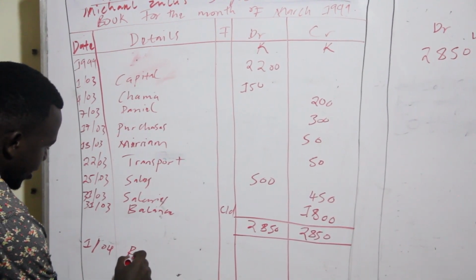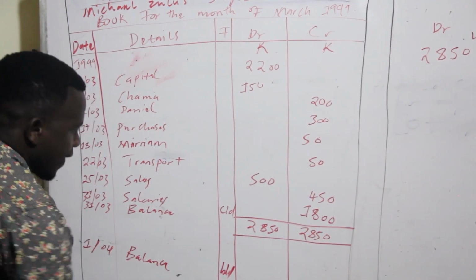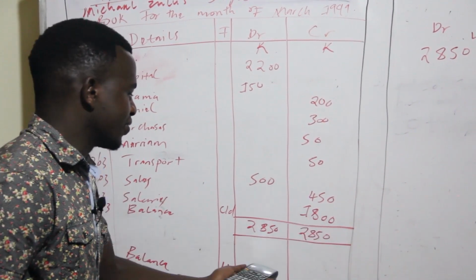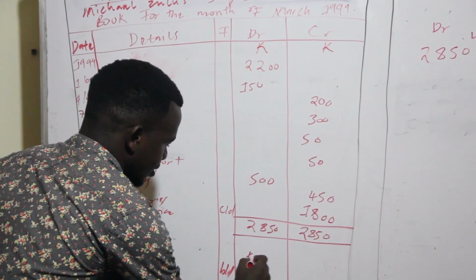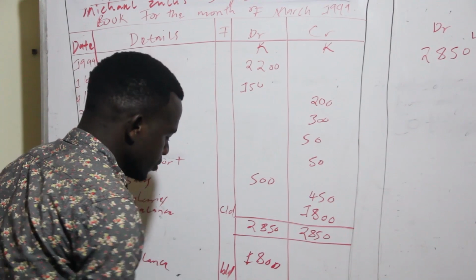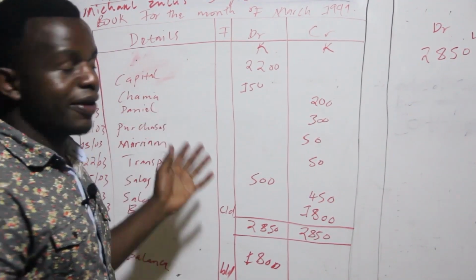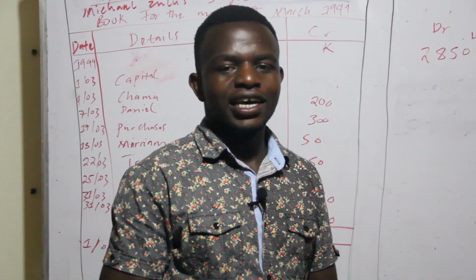So this is going to be balance brought down. So our balance brought down to come here, it's 1800.